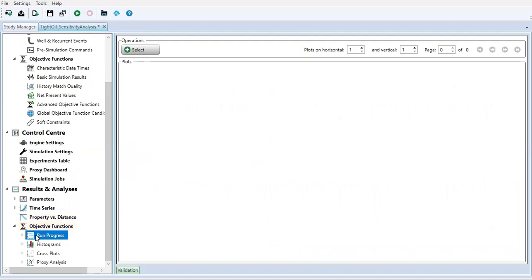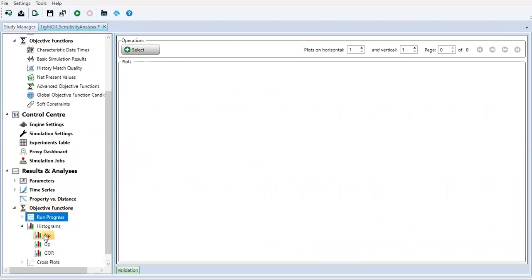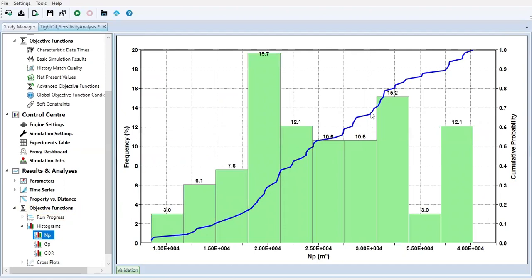Still under the objective functions, histogram. Okay, so this is getting more and more important. So now we have the frequency on the left vertical axis. On the horizontal axis, we have cumulative oil production. And on the right vertical axis, we have the cumulative probability.